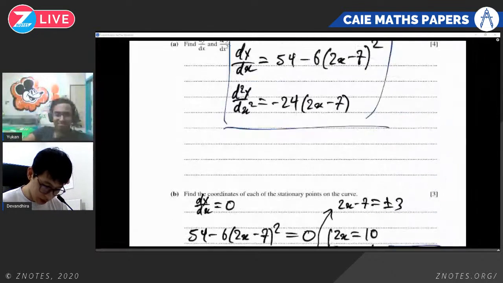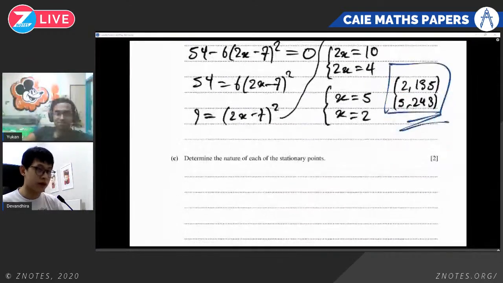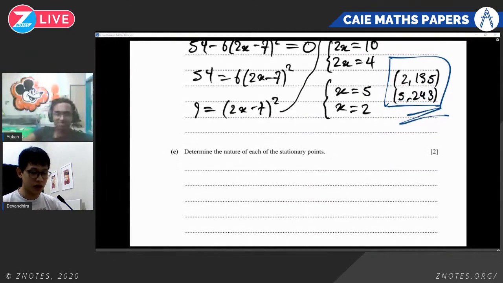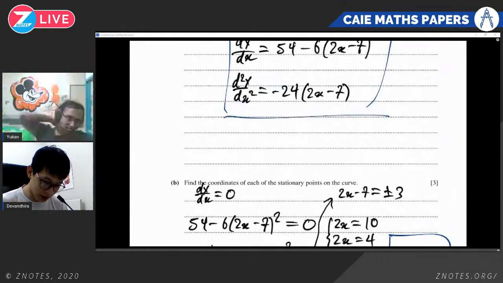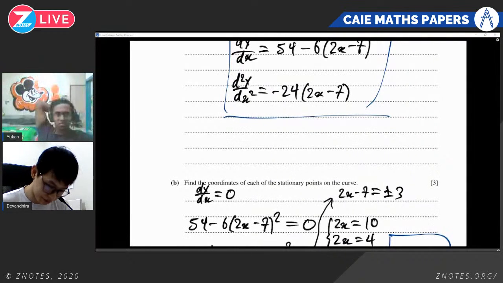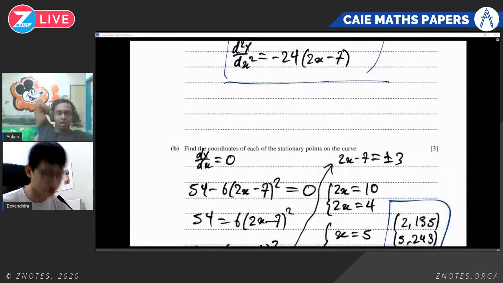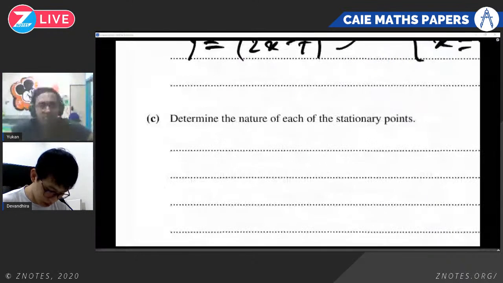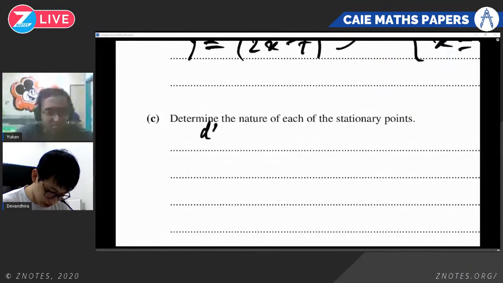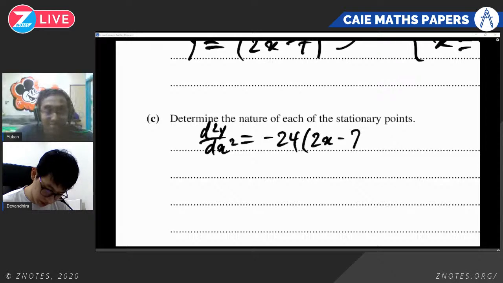If you want to determine the nature of the stationary point, we would have to use the second derivative, right? We already have that, right here. We just have to put the x coordinate in. Let me write the second derivative again: negative 24 times x minus 7.